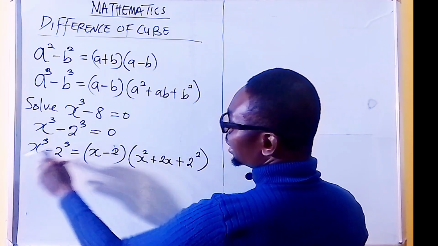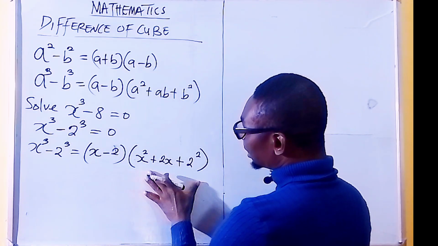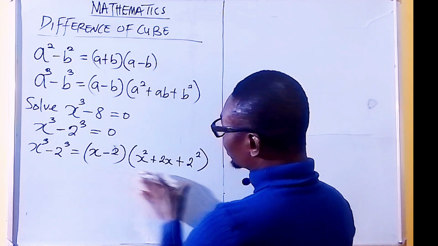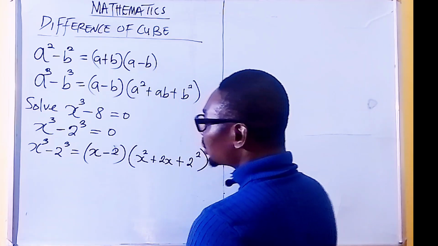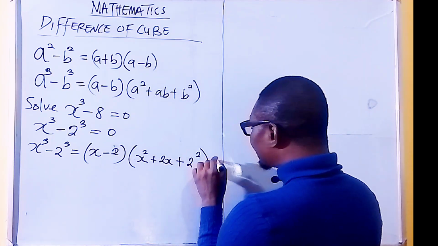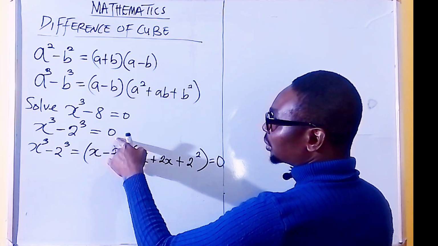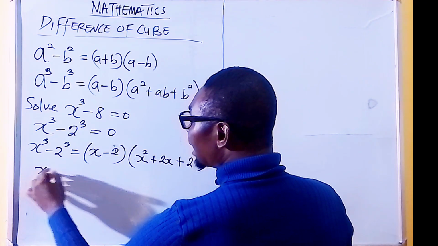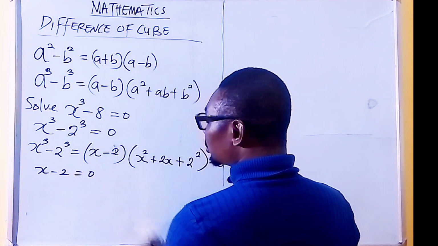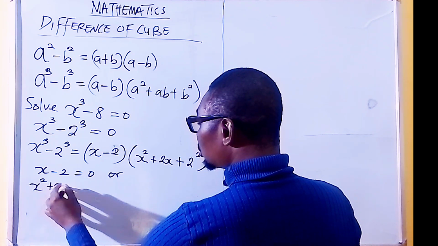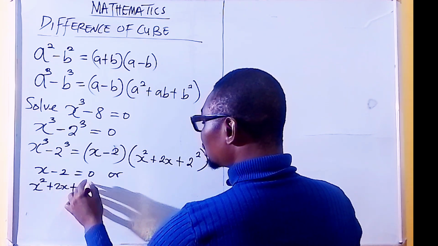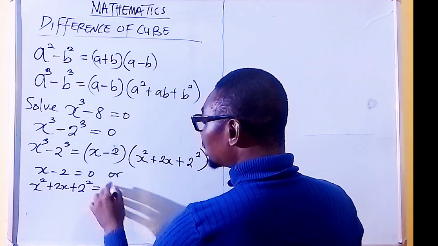If you compare this and this, you're going to get the factorization of this difference of cube. So at this point, we were told that it must be equal to 0 from the question. So it means that x minus 2 must be equal to 0, or x raised to the power 2 plus 2x plus 2 raised to the power 2 must be equal to 0.